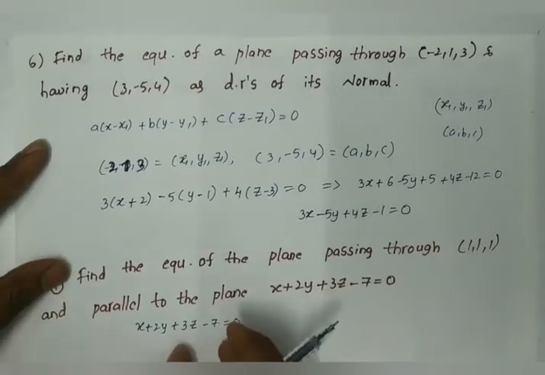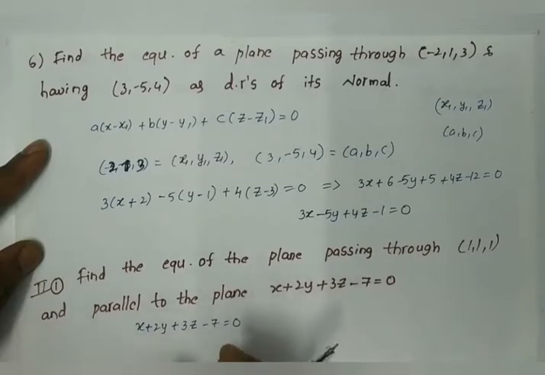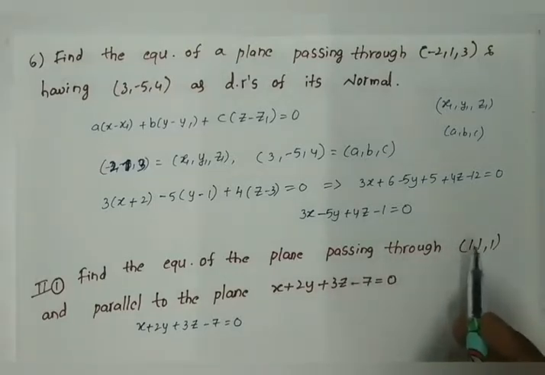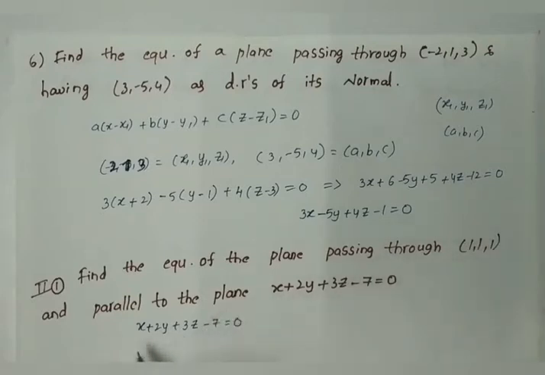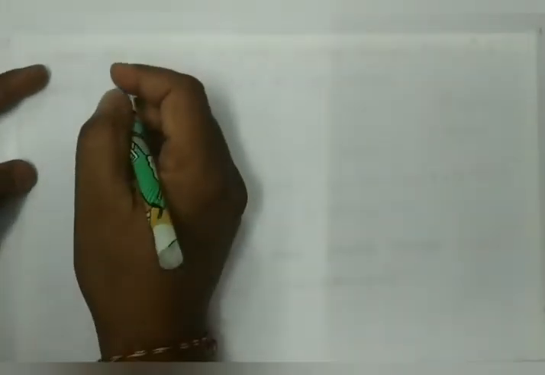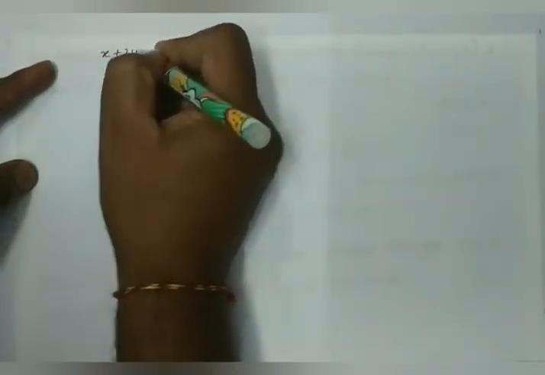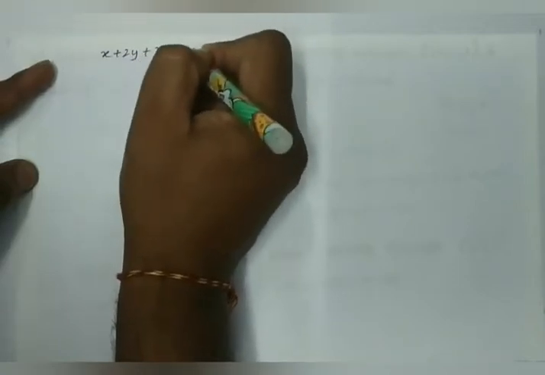Now we want to find the equation of the plane which is parallel to this plane and passing through the point 1, 1, 1. Now let us consider that the equation of the parallel plane will be x plus 2y plus 3z is equal to k.